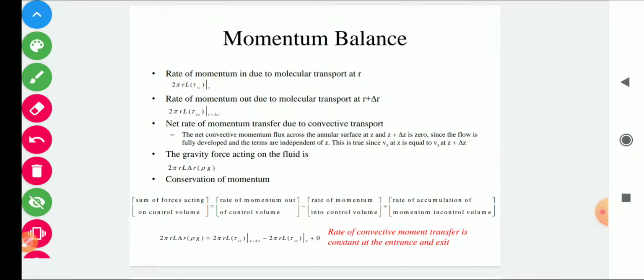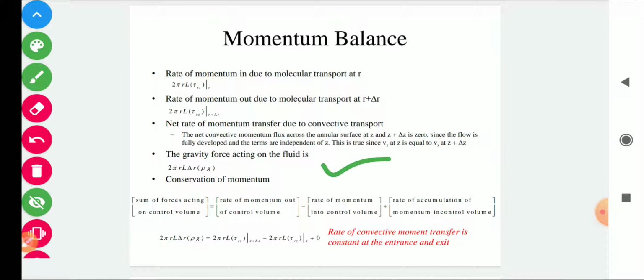So it will give the total volume, and if we multiply this volume by its density, it will give the mass of the control volume, and mass into g, acceleration due to gravity, will give the gravitational force acting on this control volume.